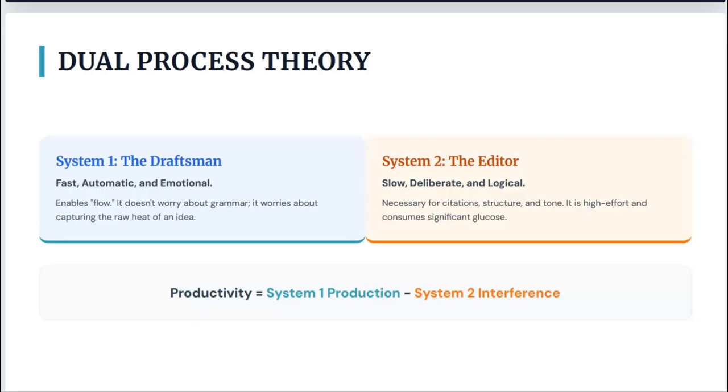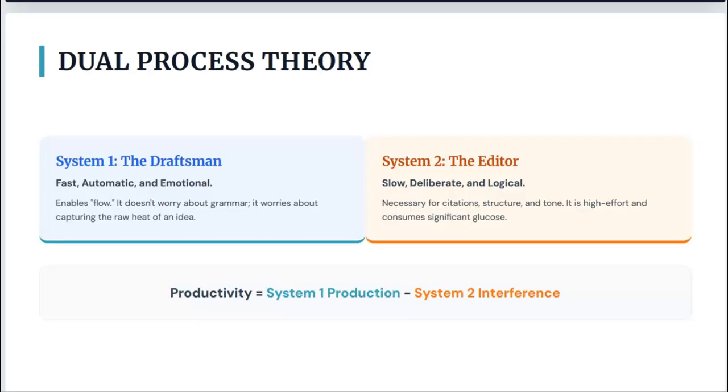Anyway, interesting, keep in mind, the editor actually is high effort and consumes significant glucose. I don't know about you, but when I was working on my master's thesis, and then I found the same parallel when I was editing and going through revisions of my dissertation, I started eating M&Ms.